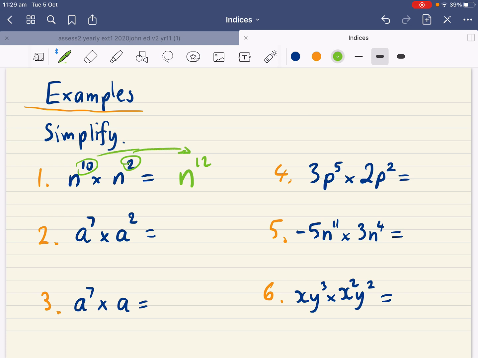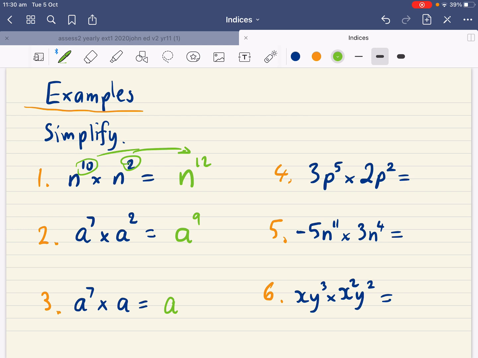This next one, a to the 7 times a squared. Again, notice the bases are the same. Keep the base the same. It's an a. Add the powers, and you have a to the power of 9. The next one, what would you put here, right? If we were in the classroom, I would actually ask what you are thinking, and there's only 2 possible answers I'm going to get given. Some people would say a to the 7.